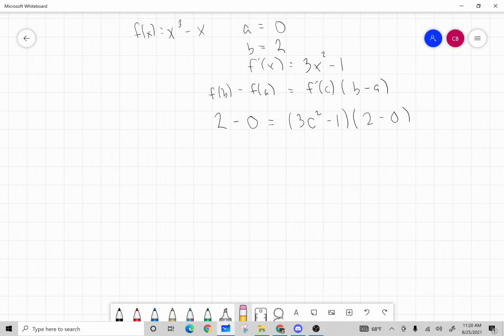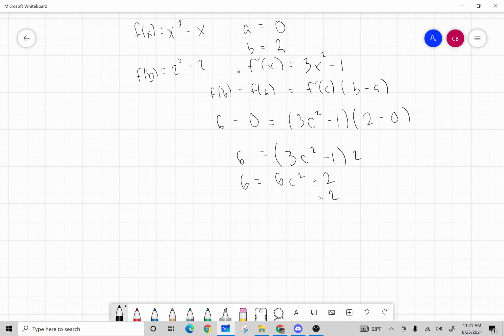Oh, and I'm sorry, this is not f of b. f of b is going to be 2 plugged into this, so f of b is equal to 2 cubed minus 2, which is 6, minus f of a, which is 0 minus 0, so 0. All right, so that's better. So now we have 6 is equal to 3c squared minus 1 times 2, which is 6 is equal to 6c squared minus 2.